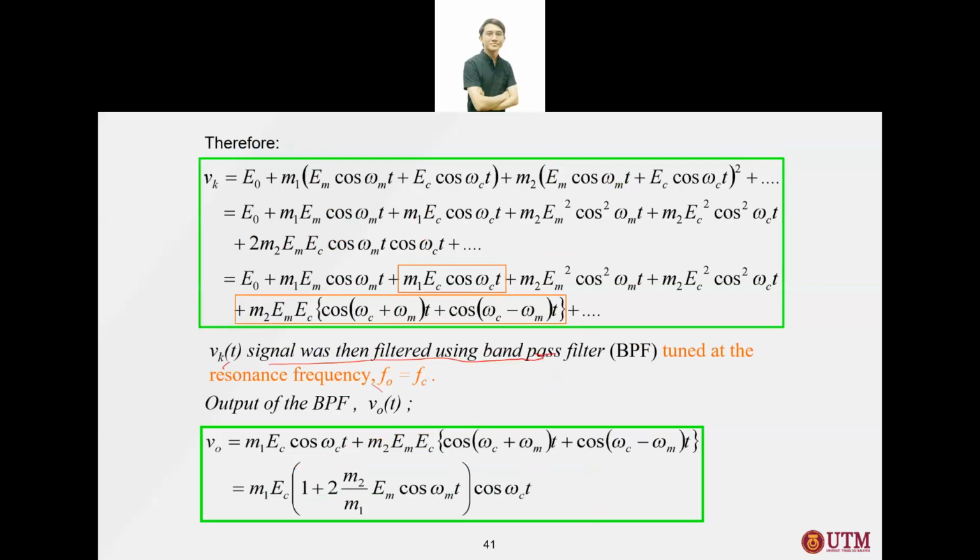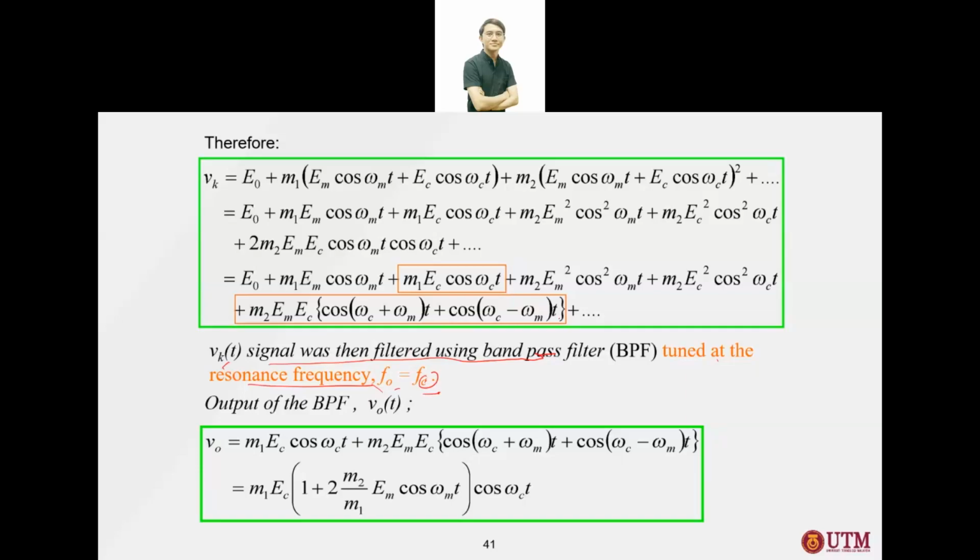VK signal is filtered using a bandpass filter tuned at the resonant frequency fo equals fc, because we don't want the harmonics, at resonant frequency omega C.